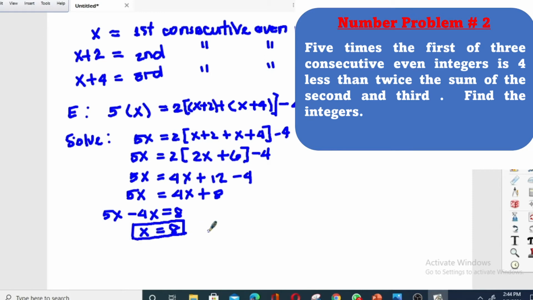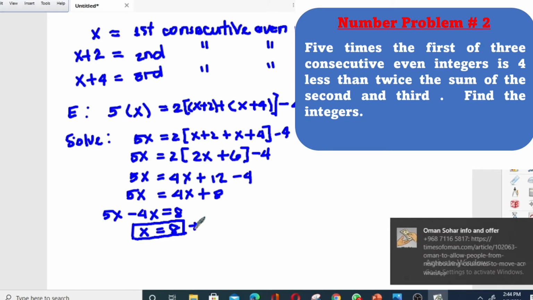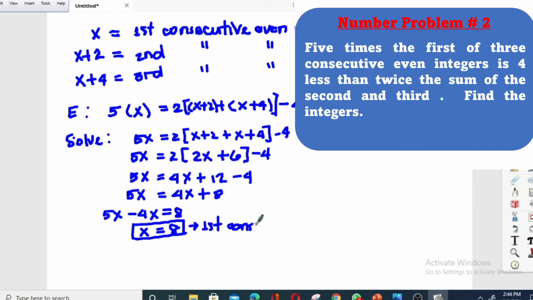So 8 will be the first consecutive even integer. And then the second will be x plus 2, is equal to 8 plus 2, is equal to 10.